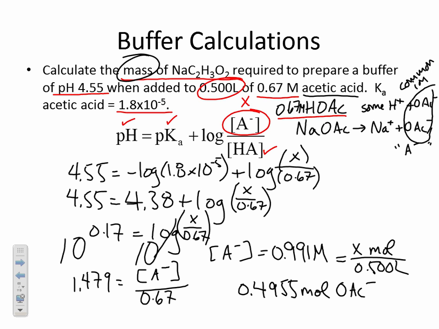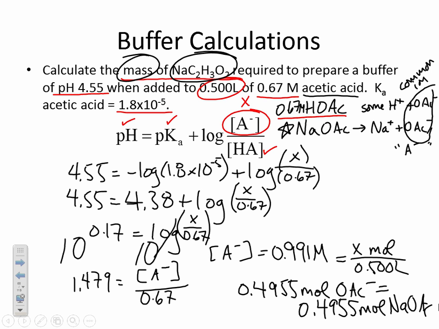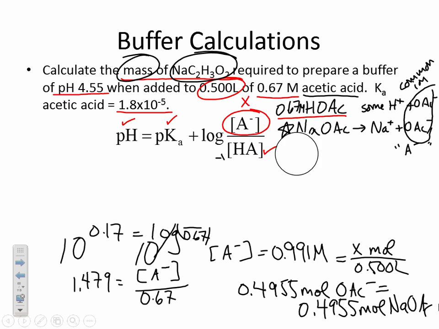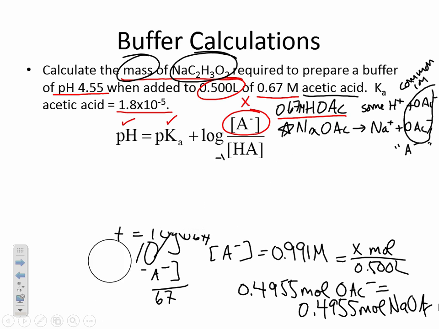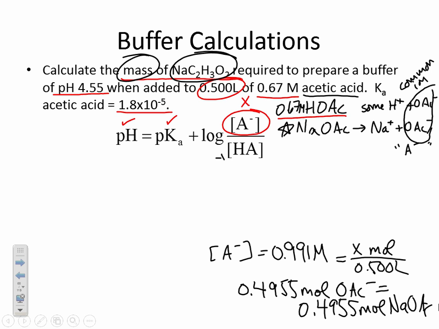But we want the mass of sodium acetate, so that's going to be the same value because of a one-to-one relationship shown up here, right? One acetate ion comes from one sodium acetate. I have to erase some work to continue this problem, because the math can get long with this. So I work out that that's how many moles of sodium acetate I want.